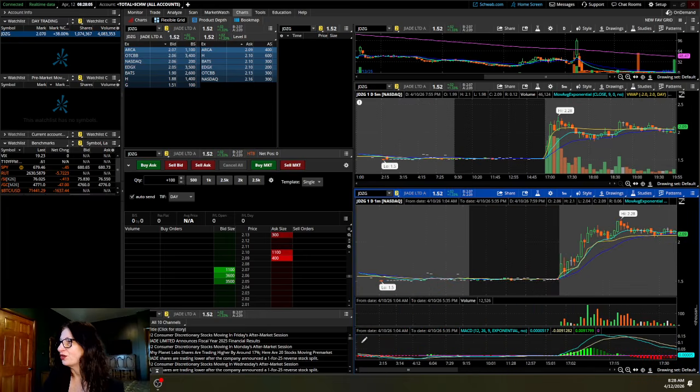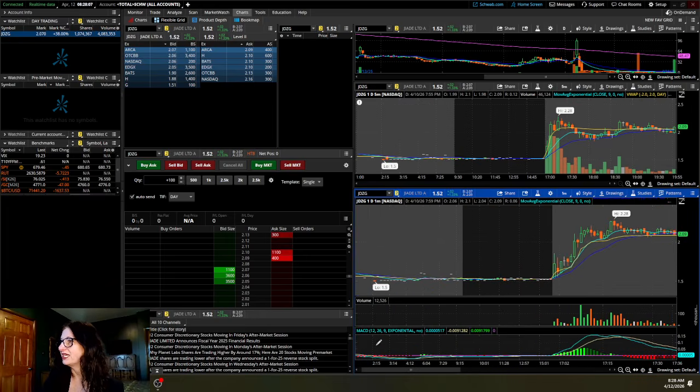Okay, so right here, you can see that this was right at the beginning of, actually, this is the aftermarket on the last trading day. You can see that the stock was running up and the volume bars are also running up. And here you can see that on the 1-minute, the price is also running up.